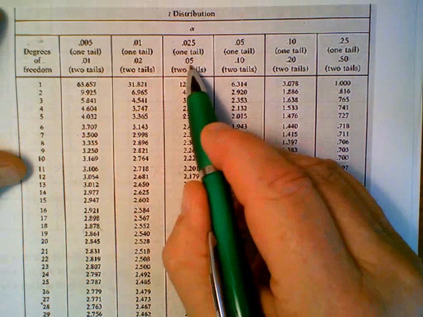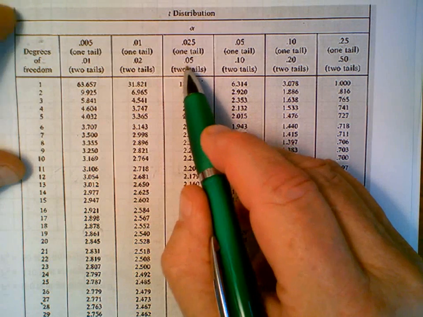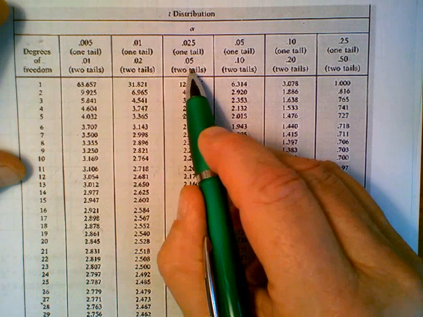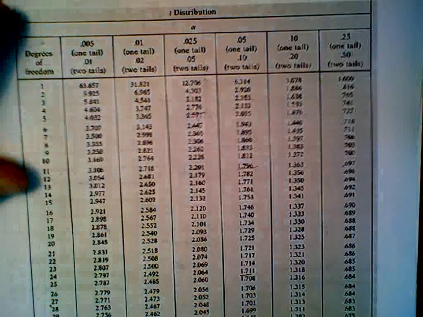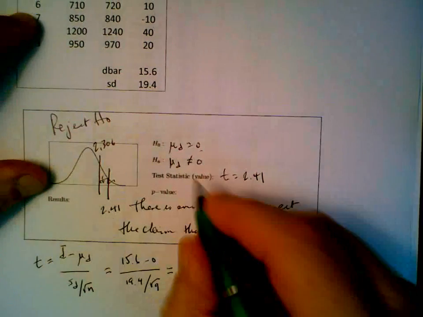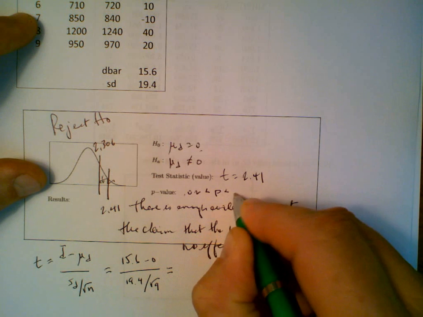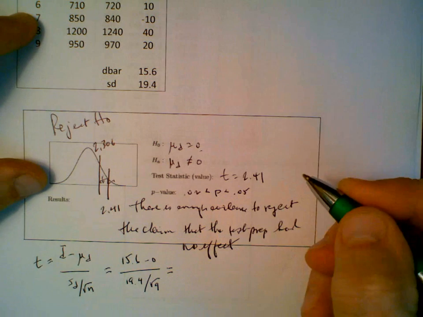Therefore, we are between 0.02 and 0.05. That is to say, we did reject, but just barely. 0.02 less than p less than 0.05.